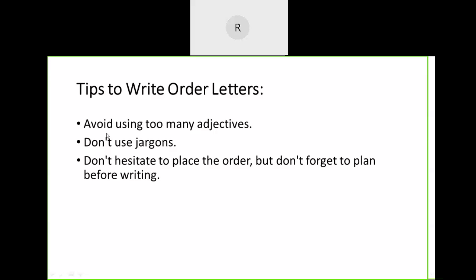And then in the next paragraph, you have to mention the order details. Order details are like the description, model number, color, size, quantity, price quotations. The price list will be there in the quotation. Previously, you would have the quotation from the seller, right?